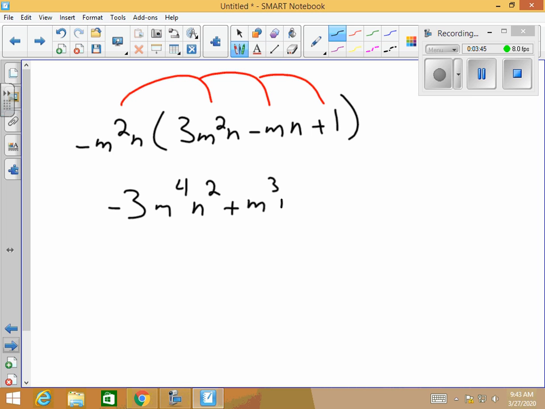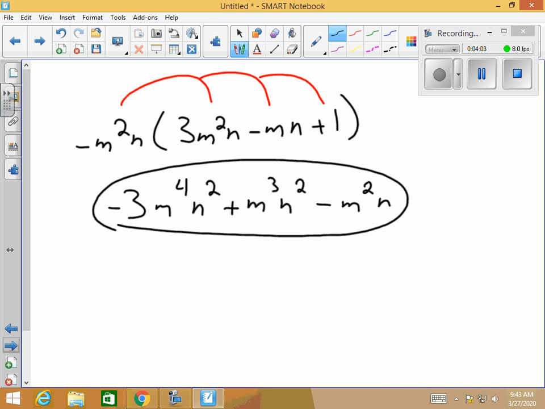I have n's, I have 2 of them. And I come back and distribute my negative m squared n to the 1, which is just the same as writing it down again, which is m squared n. A negative times a positive is a negative, and that's how I got that answer to be negative. And there is my finalized answer.